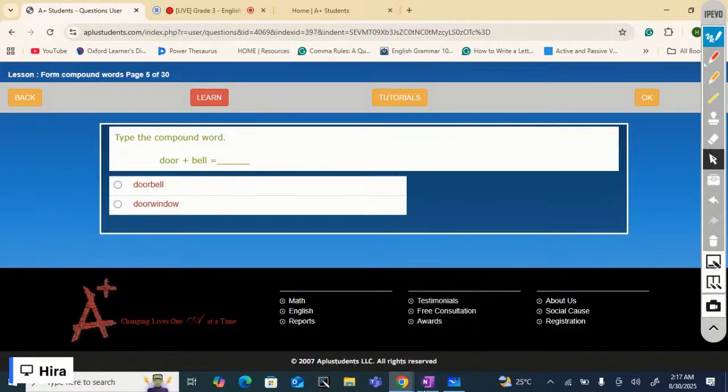When you join these two words, you get a compound word, doorbell.